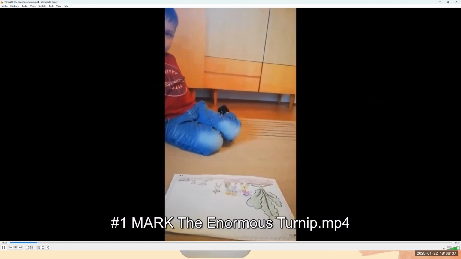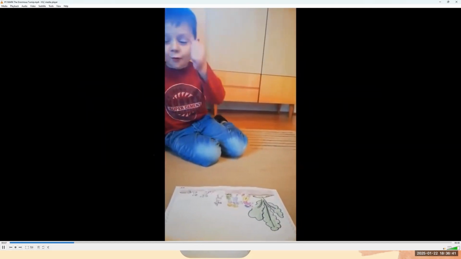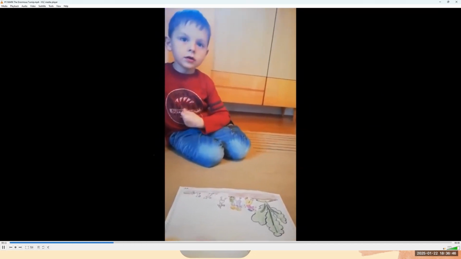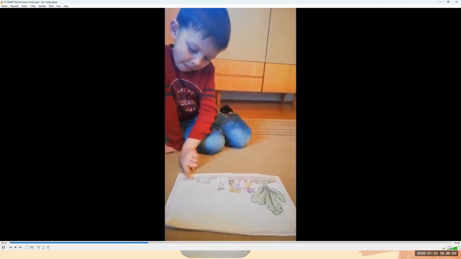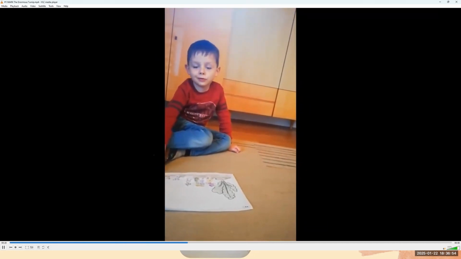And now the three of them try to pull. Is it okay? No. No, the turnip doesn't go out. Who do they call? Mouse. A little mouse.